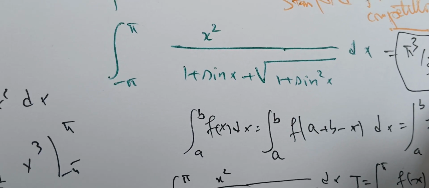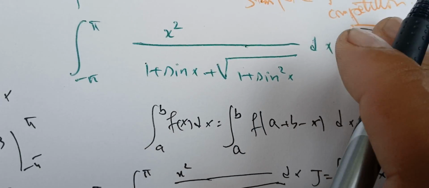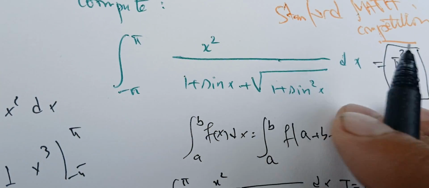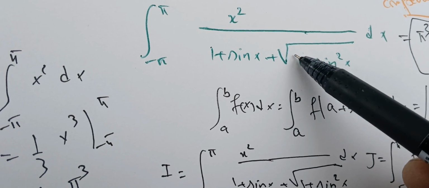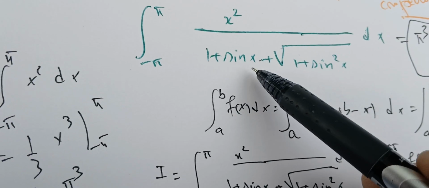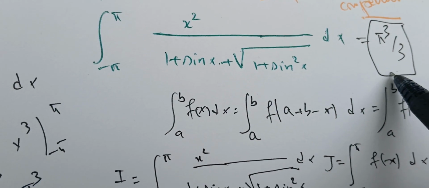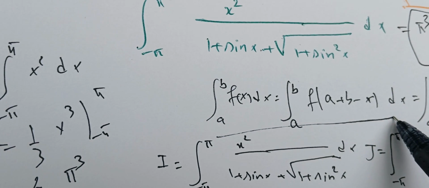I can't use the calculator because the calculator will take forever to find this one. For the calculator, it will have to evaluate the sine squared, the square root, and the x squared, and it will take longer. But anyway, this is the key idea for solving this problem.